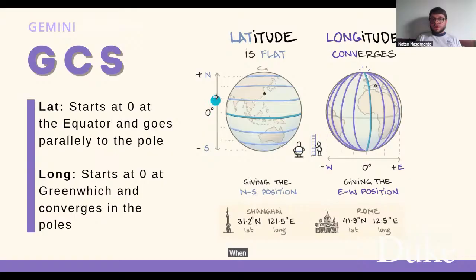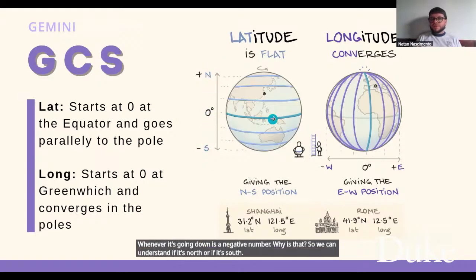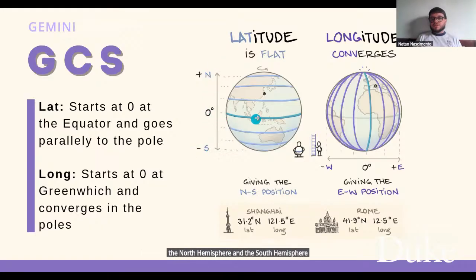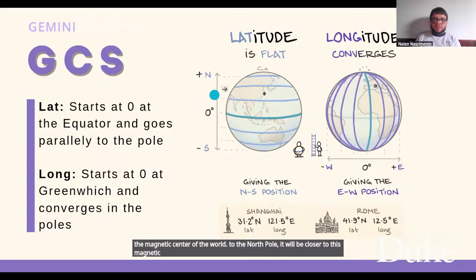Whenever it's going north, it's a positive number. Whenever it's going down, it's a negative number. Why is that? So we can understand if it's north or if it's south, the north hemisphere and the south hemisphere. So if we're going to the pole, the magnetic center of the world, to the North Pole, it will be closer to this magnetic pole, so it's positive.